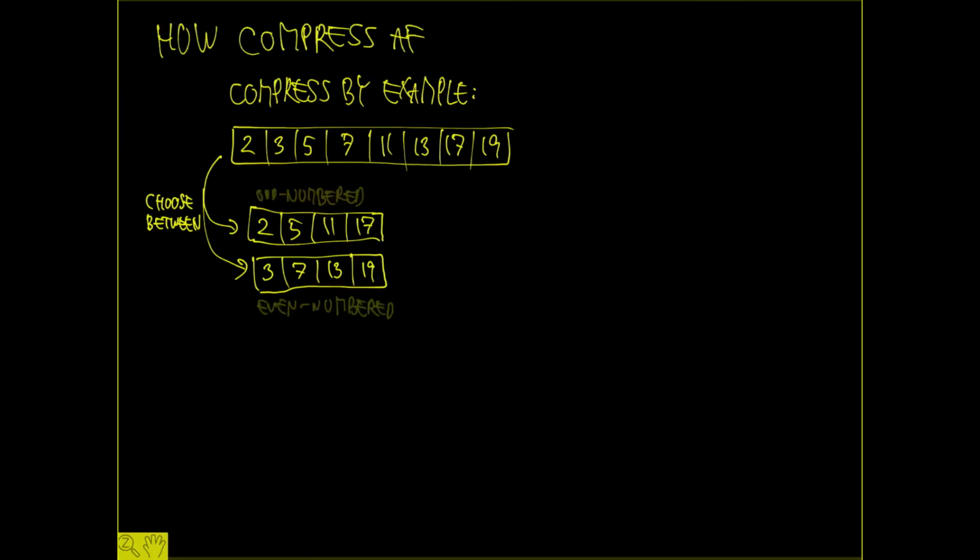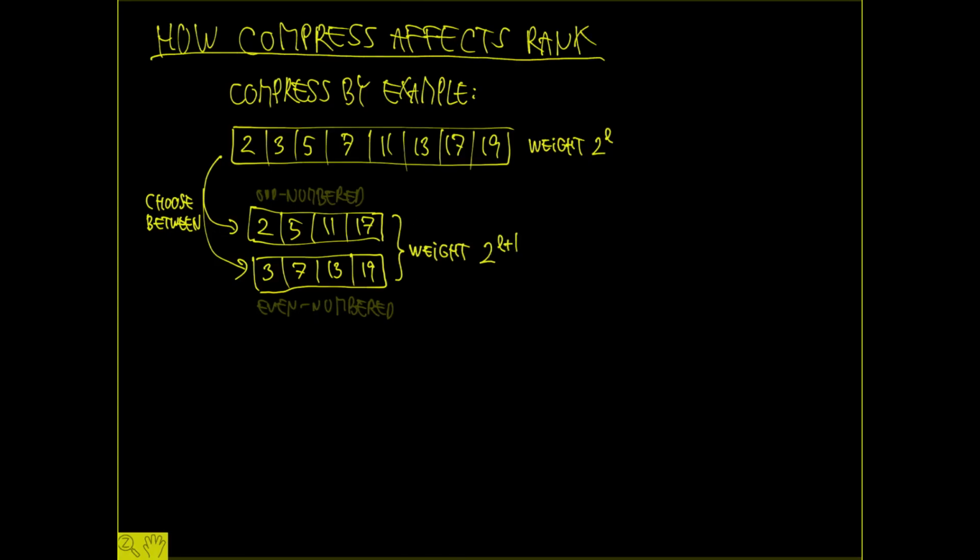So it's some kind of sample, but it's highly structured. Let's think about how this affects rank. We start with elements that each represent 2 to the L, or have weight 2 to the L, and we want to end up with half the number of elements that each have weight 2 to the L plus 1.